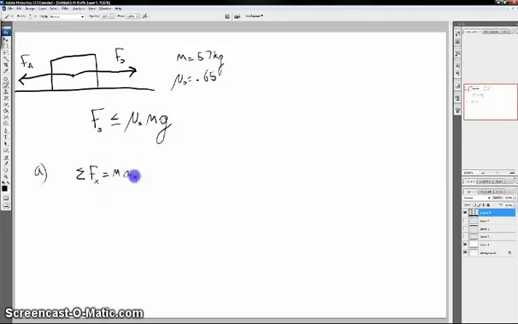We can use Newton's law that the forces in the x direction have to add up to equal the mass times the acceleration in the x direction. If this object's not moving, it's not accelerating, and that means that the force of static friction plus the applied force has to be equal to 0 newtons.